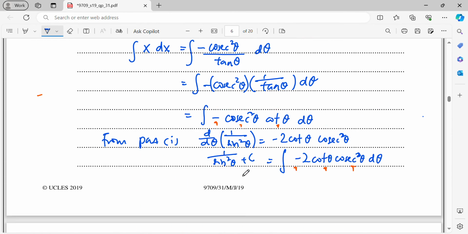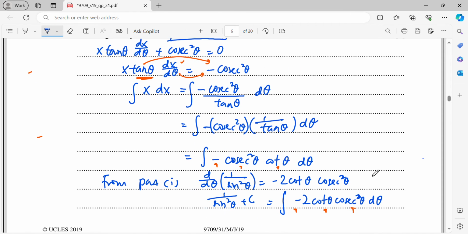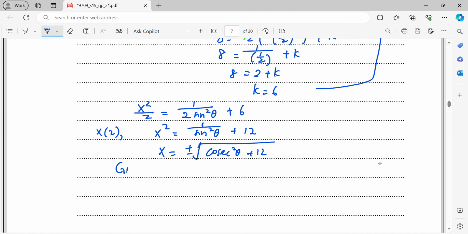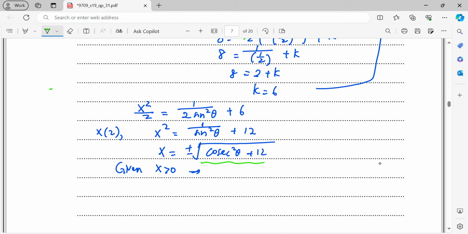Now look at the condition. Okay, you are given x is greater than 0, right? So just write here, given x is greater than 0. Therefore, we know that the square root value always positive. So since this whole square root value is positive, in order to get positive x, I must choose the plus sign.